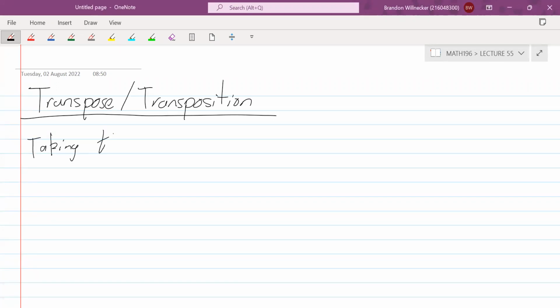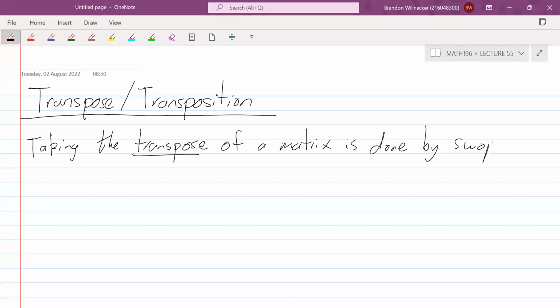So taking the transpose of a matrix is done by swapping the rows and the columns.